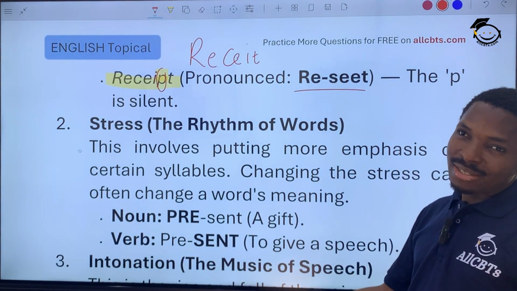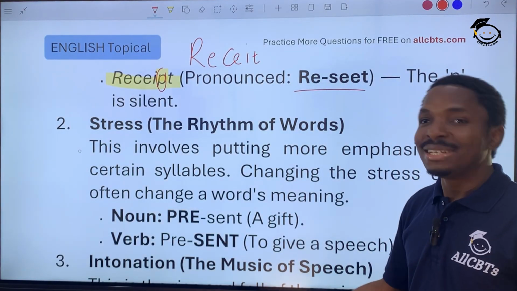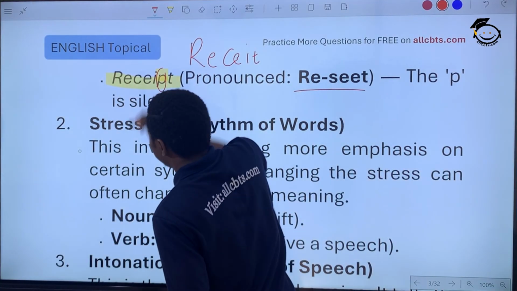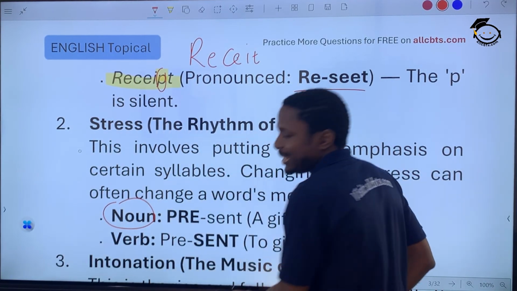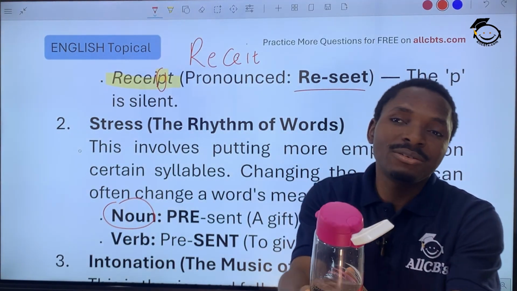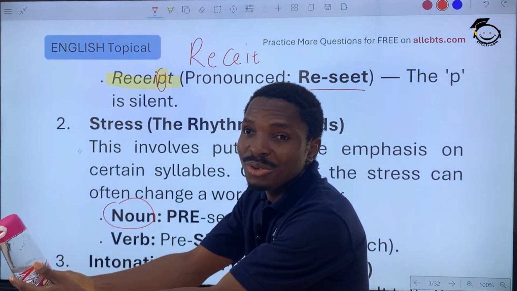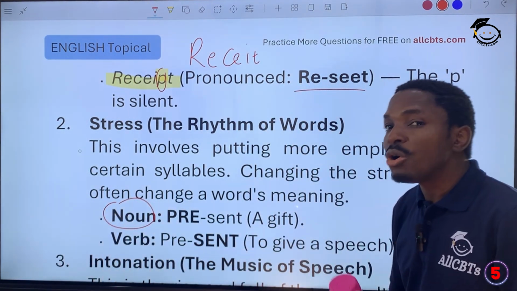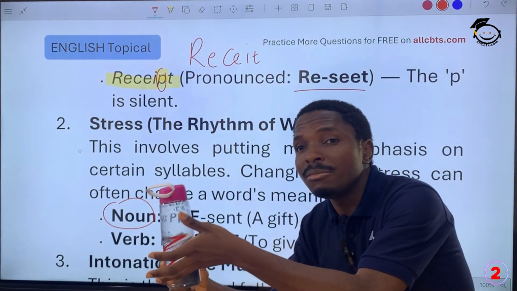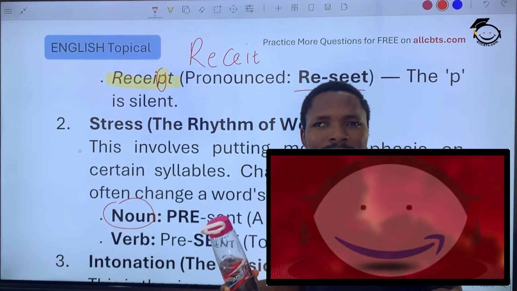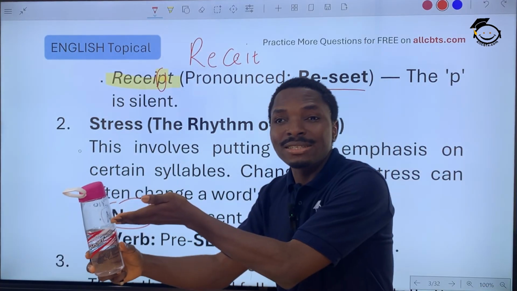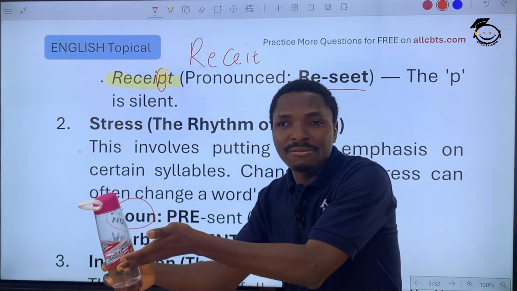You always call it present if you are using it in the noun usage. Let me go further. Let's say this is a present, a gift. Oh, I have a present for you. Now, the stress on present means this thing has been given a name. Remember, a noun is a naming word. I've given this bottle a name, and the name is present. A present, a gift.